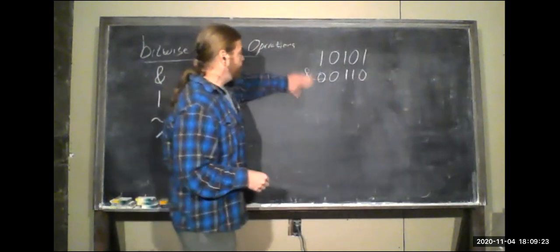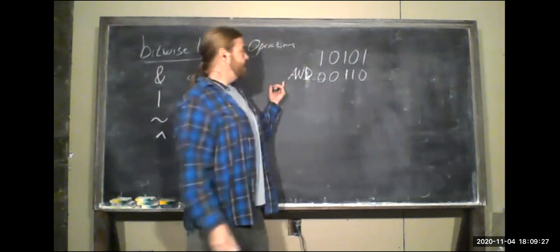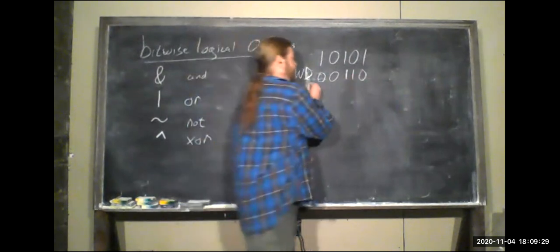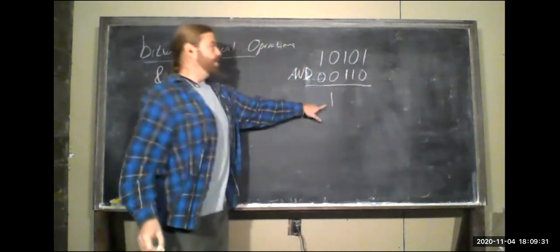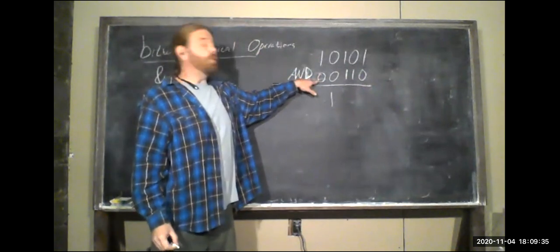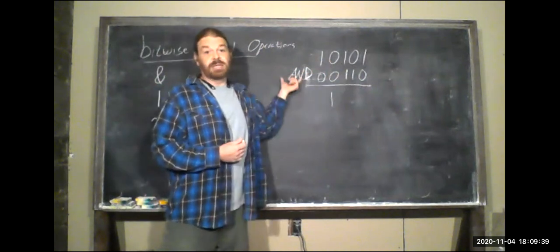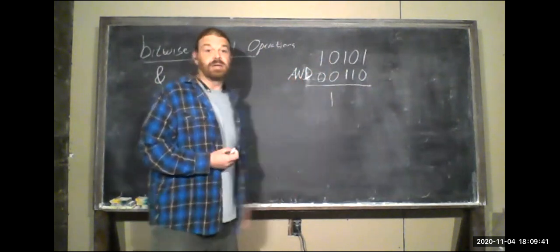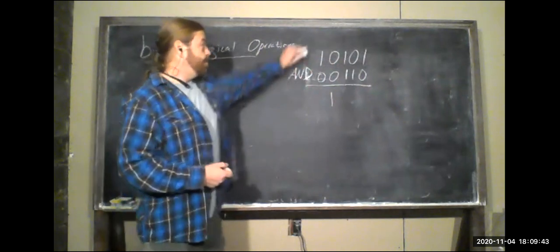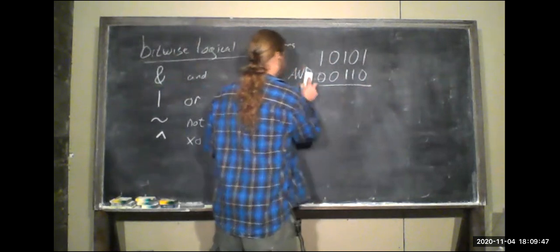Well, if we wrote the word and, this would result in a value of 1 for true because both of them are non-zero. So we have two non-zero things, both of them are on, so if we say and, we'll get a value of 1.